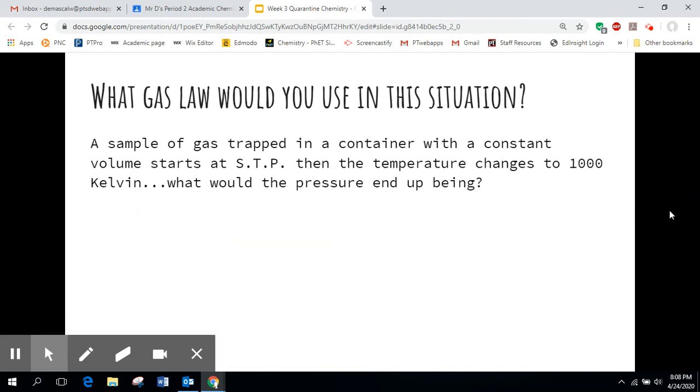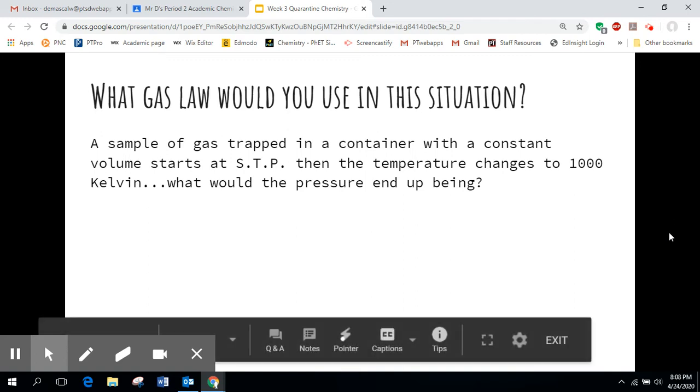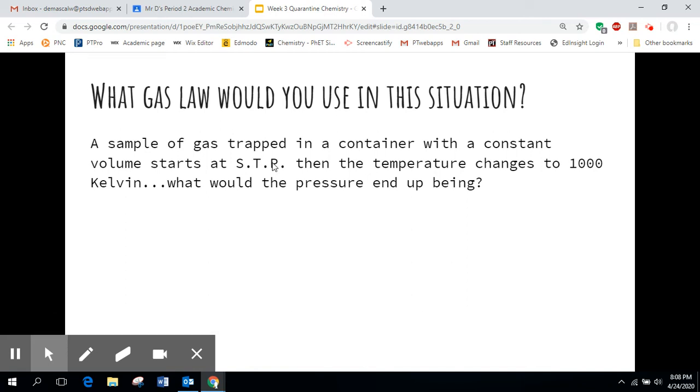Try this one. We have a sample of gas trapped in a container with a constant volume that starts at STP. What's that? STP, standard temperature and pressure. So that's 0 Celsius or 273 Kelvin, and 1 atmosphere, 760 millimeters of mercury, 101.325 kPa.